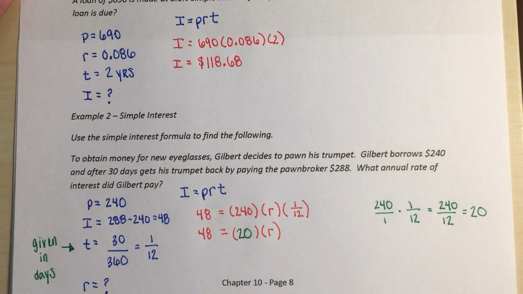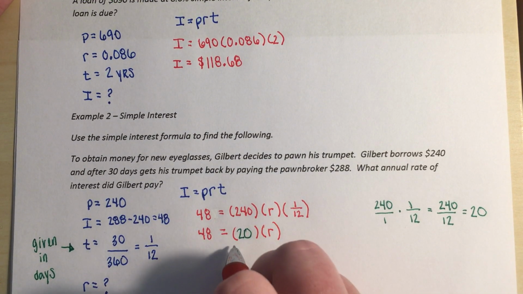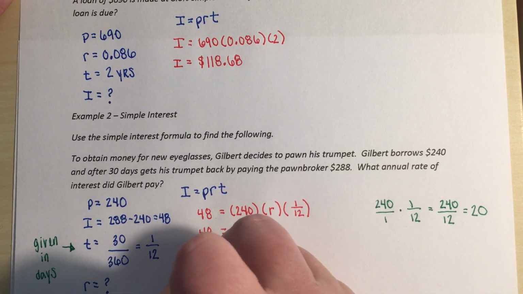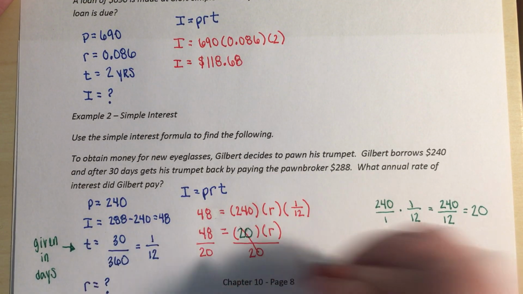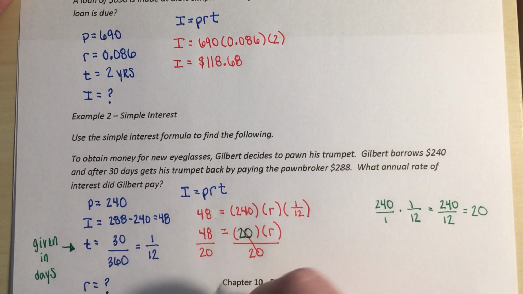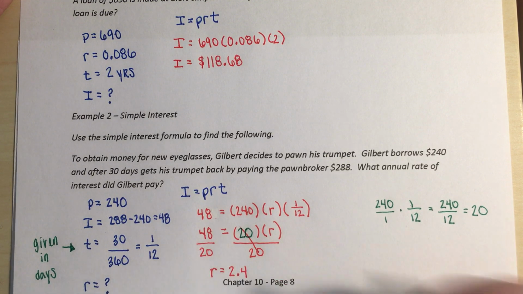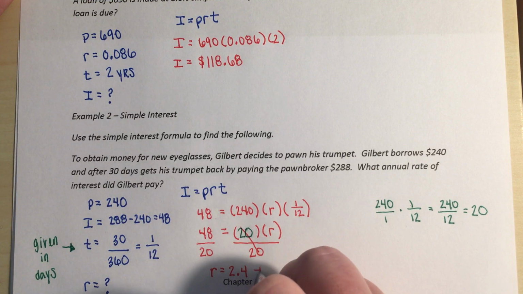So we have 20 times R. Then to finish this off, to find our R, we're going to divide by 20. We're going to get a decimal. We get 2.4, which then we need to shift our decimal point 2 places to the right to get an interest rate.